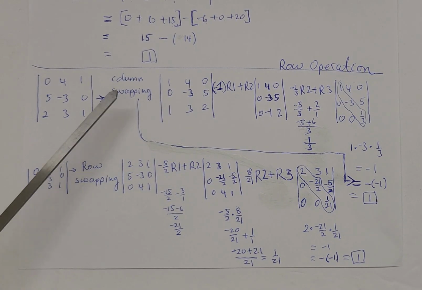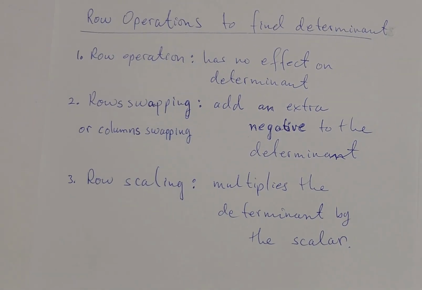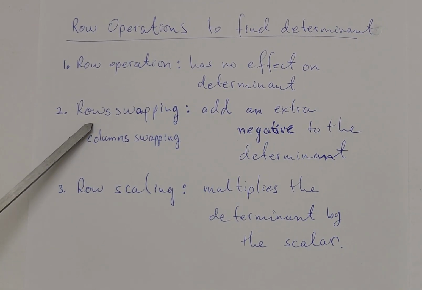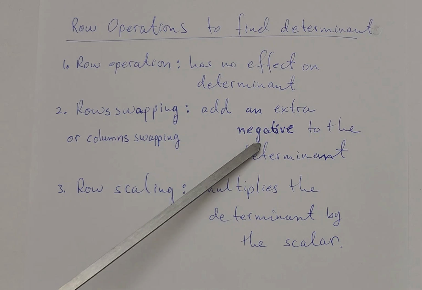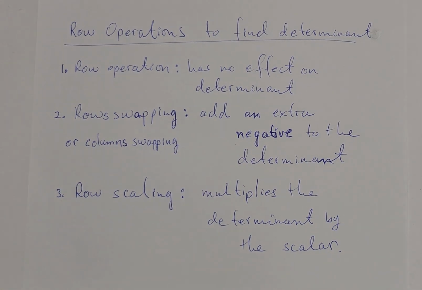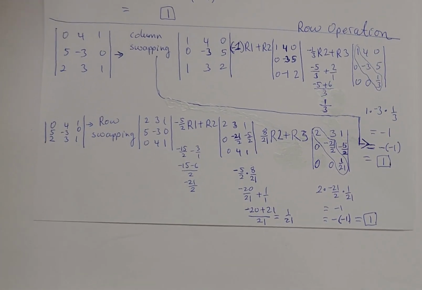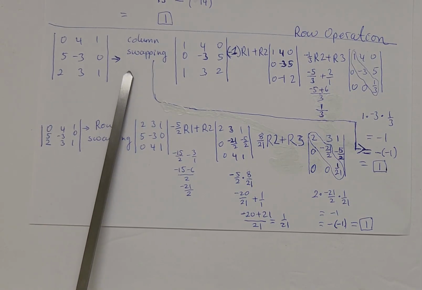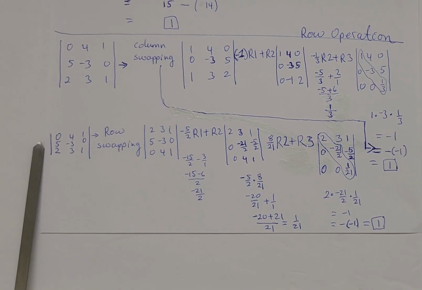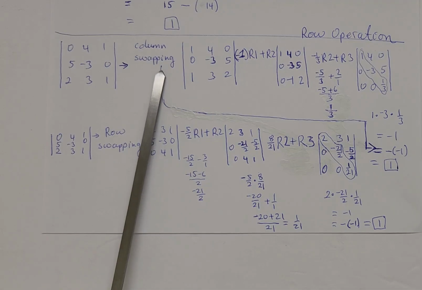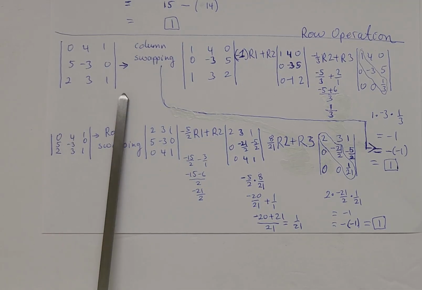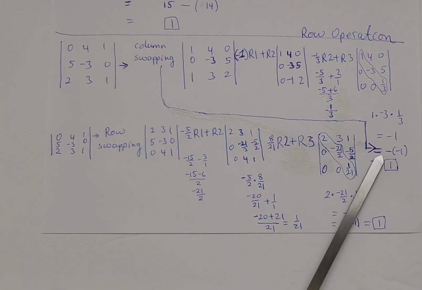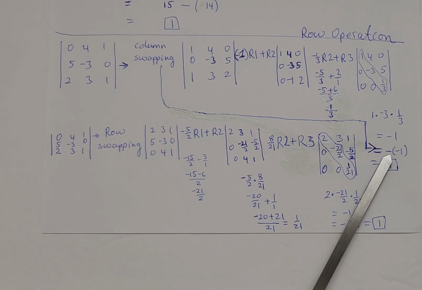So in our situation, we switched the columns. Since we switched the columns, based on our second rule, when you switch the row or column, you need to put another negative in. So you've got to put an extra negative, and that's what I have here. Since we swapped the columns earlier, we have to put another negative, which is right here.